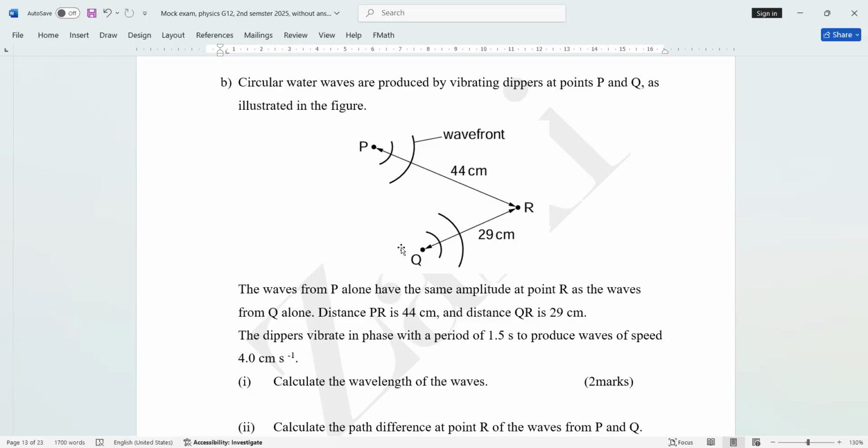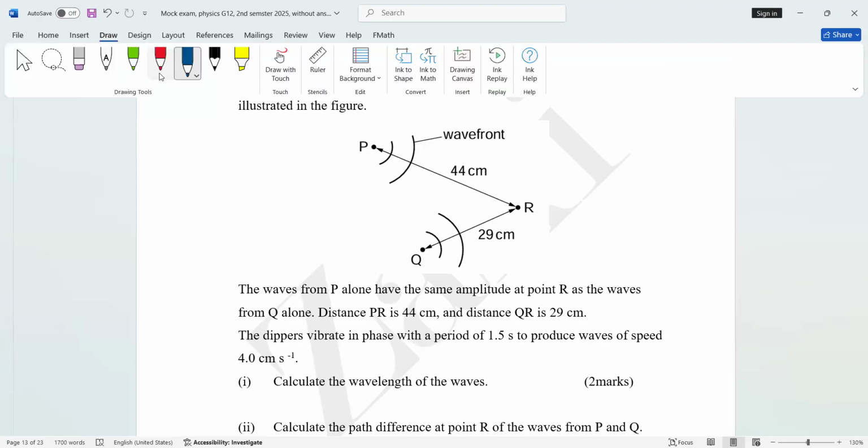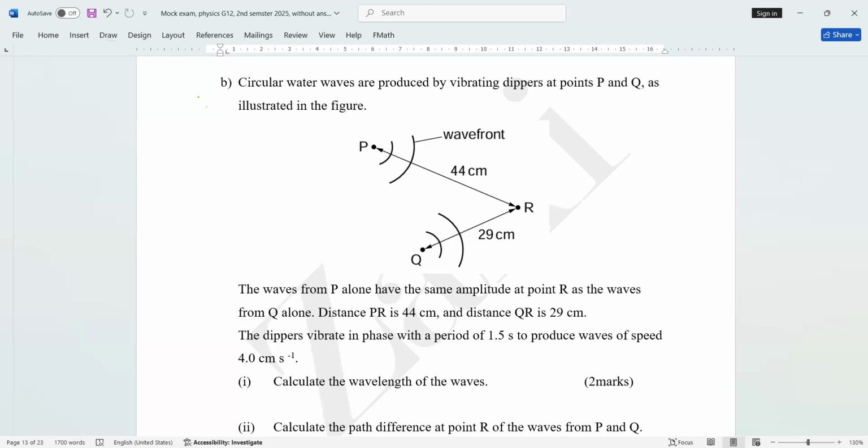Now, let us read the question. Circular water waves are produced by vibrating dippers at points B and Q. Then we have the source of wave at B, the source of wave at Q, illustrated in the figure.